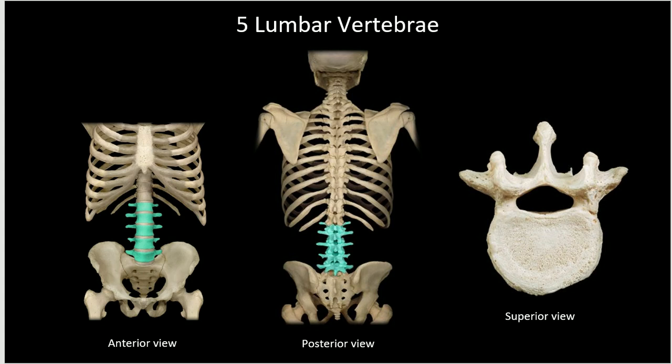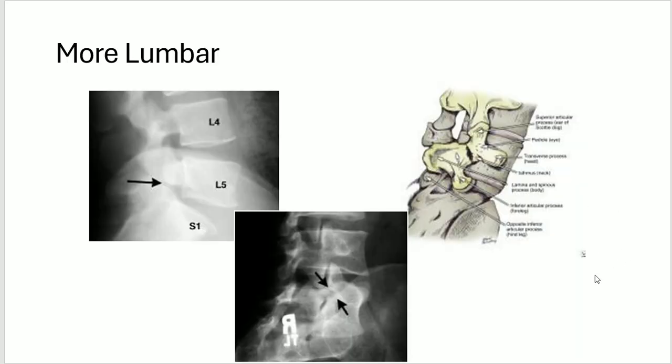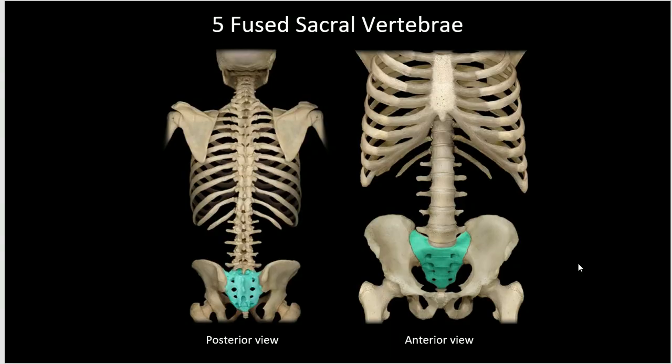So let's look at some pictures. So 5 lumbar vertebrae. Lumbar region here. You can see they look a little different. More lumbar. And then we have 5 fused sacral vertebra.